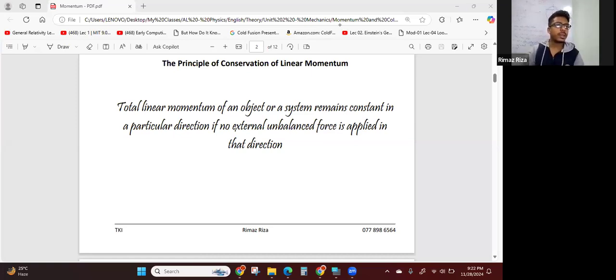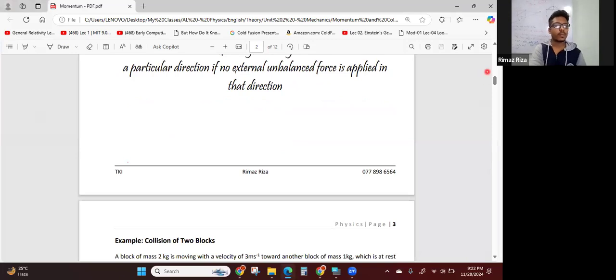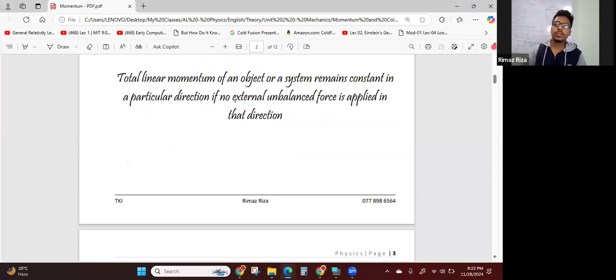So then now I can write here. According to Newton's second law, the force is proportional to the rate of change of momentum.